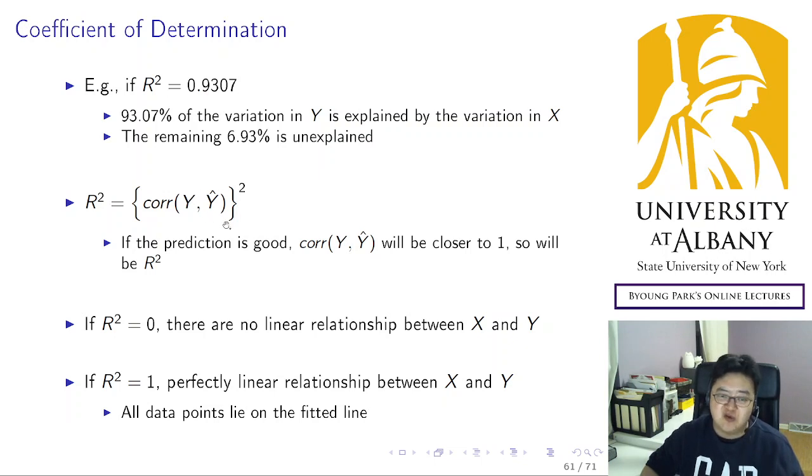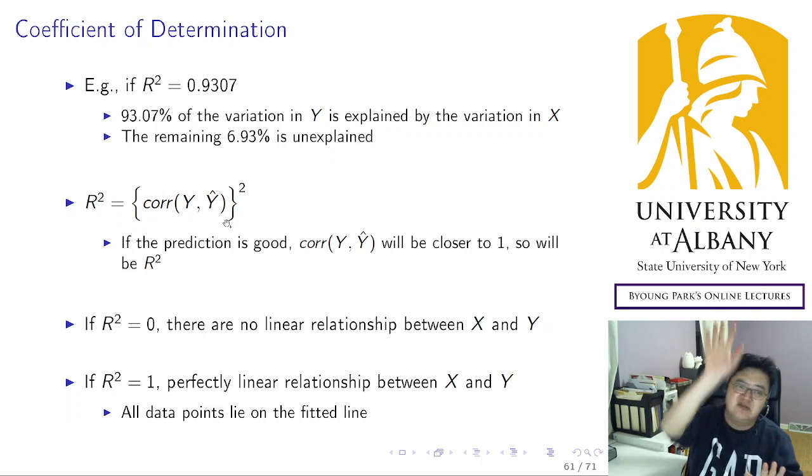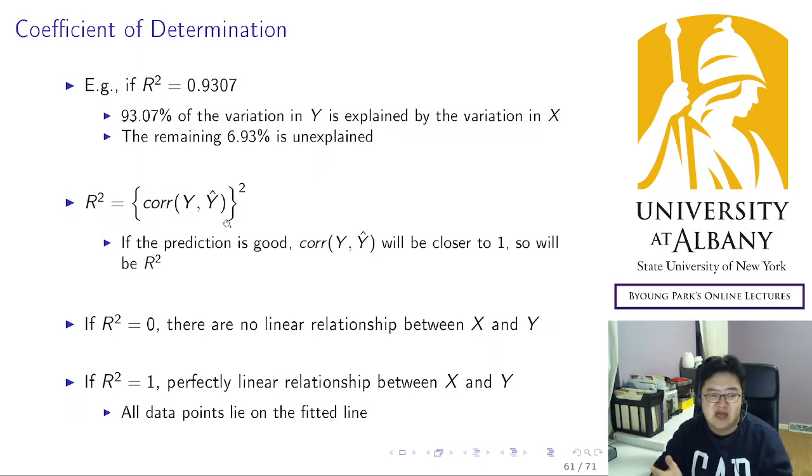The reason why it's called R square is because R is the correlation coefficient between the actual value and the predicted value. Remember, we could compare actual values and predicted values side by side. If you understand the predicted values as a new random variable, you may think of their correlation coefficient between the actual y and predicted y.